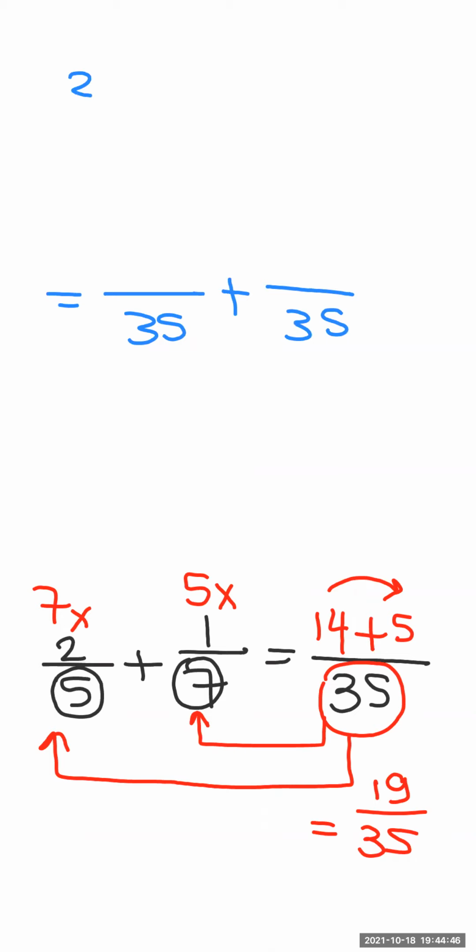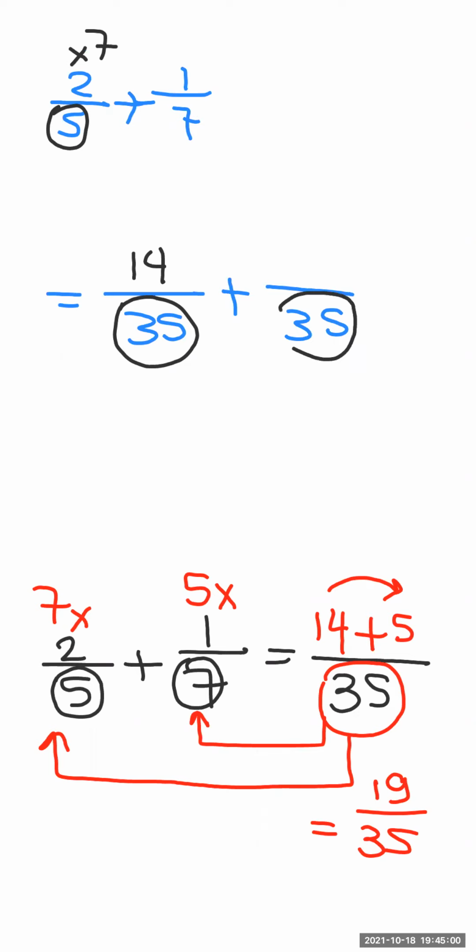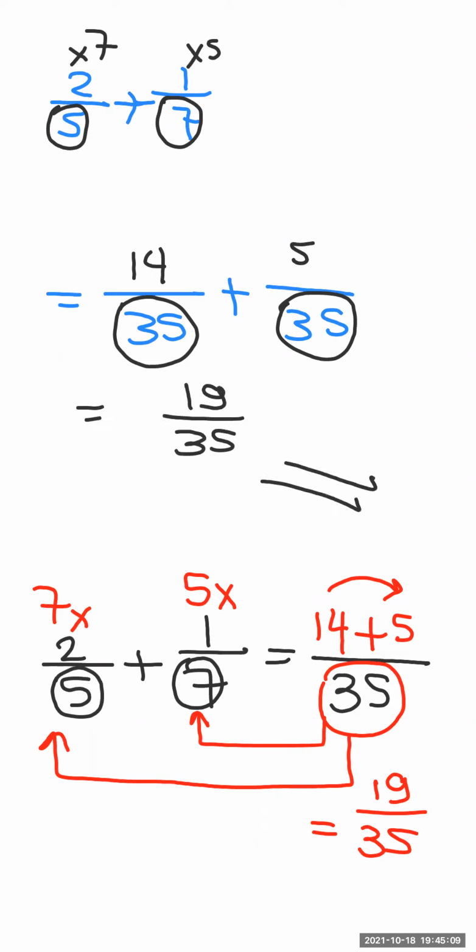The two numbers were 2 over 5 plus 1 over 7. So now 35 divided by 5 equals 7, times 2, so it's 14. The other one, 35 divided by 7 equals 5, times 1, means 5. So 14 plus 5, 19 over 35. Correct?